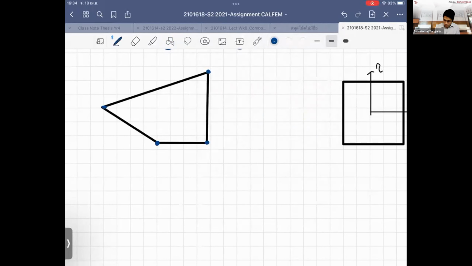This is the physical mesh, so it's a real mesh. It has the coordinates x1, y1, x2, y2, and this one is x3, y3.